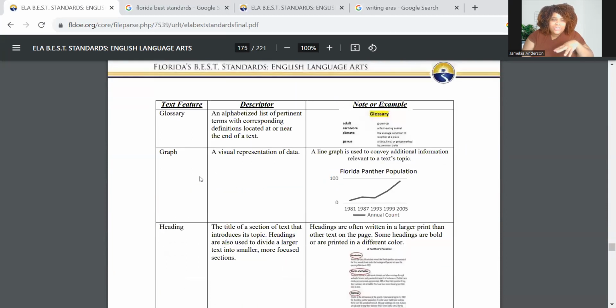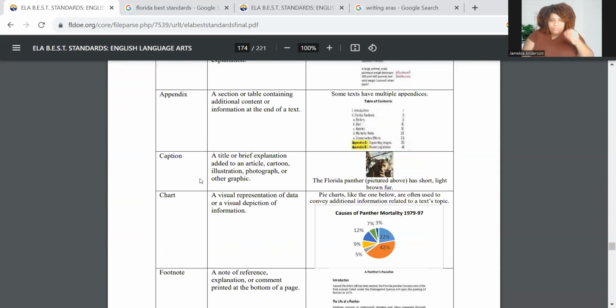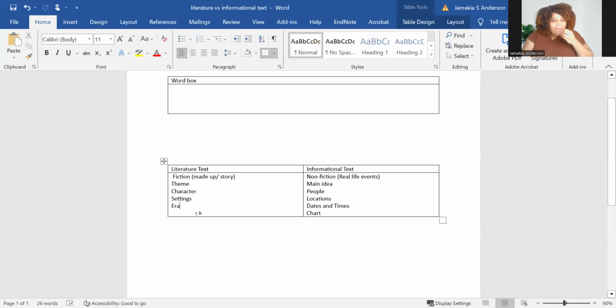So everything that you need to know, like additional resources, is within this document. But going back over to our sheet, I would go through here, and this can be on both sides, but primarily it's going to always be with literature because it's how it influences the text.